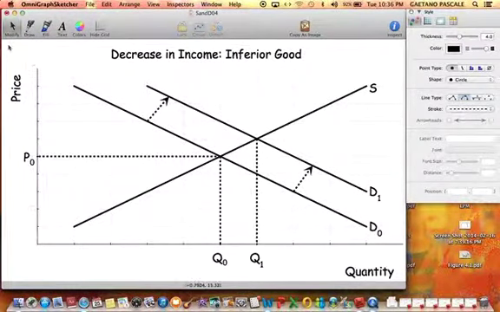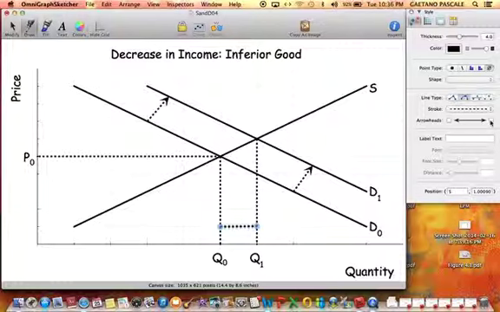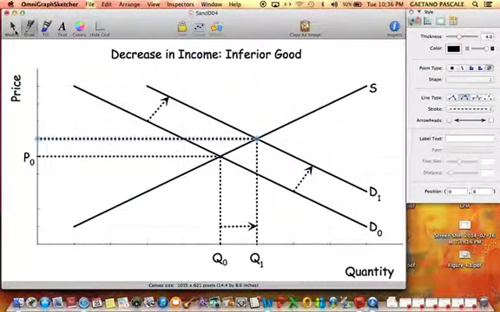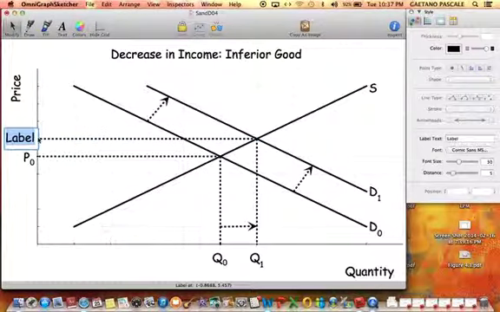So what happened to quantity? Quantity increased with the increase in demand. All right. And what happens to the equilibrium price? If we go to that new equilibrium point where D1 intersects the original supply curve and goes straight across, that gives us our new equilibrium price.